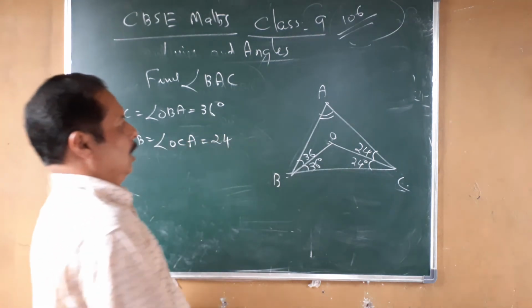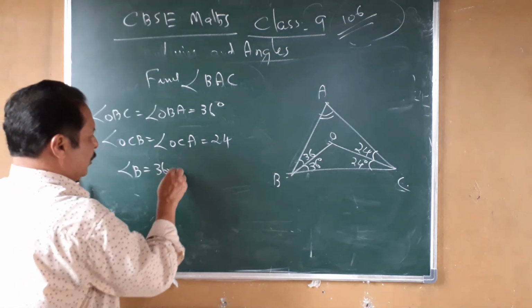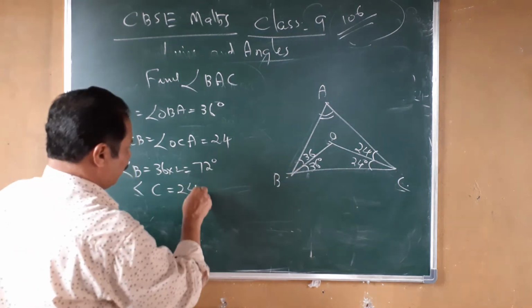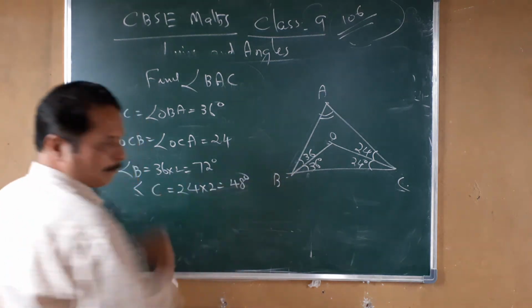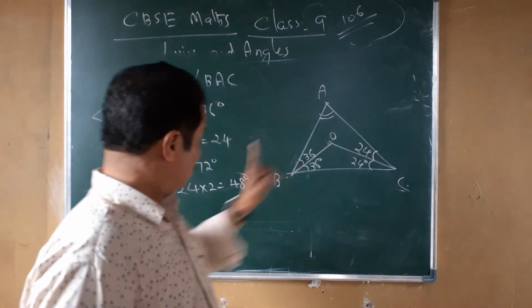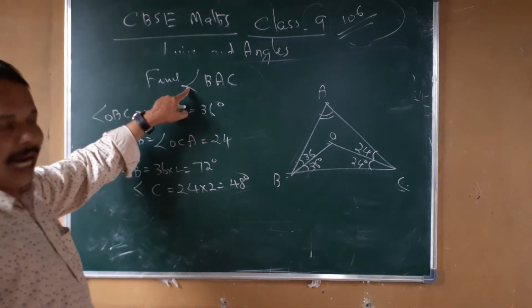Is it clear? So total angle B is 36 into 2, 72 degrees. Similarly, angle C is 24 into 2, 48 degrees. 36 plus 36 is 72, and 24 plus 24 is 48. Is it clear? So how can we find angle BAC?